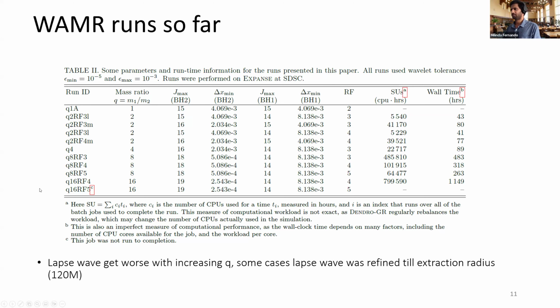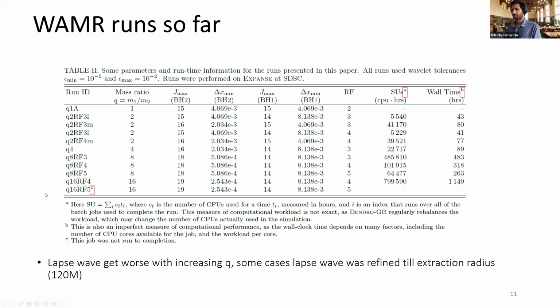And you can see for Q equals 16 we have used a lot of compute resources, and we found that our old wavelet refinement criteria needs some tweaking. Maybe the wavelet tolerance function that works for Q equals 4 might not work well for Q equals 16.